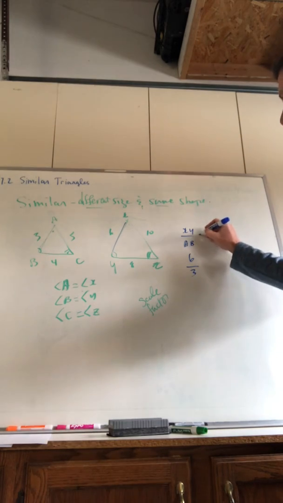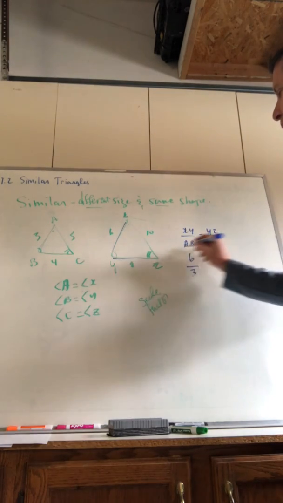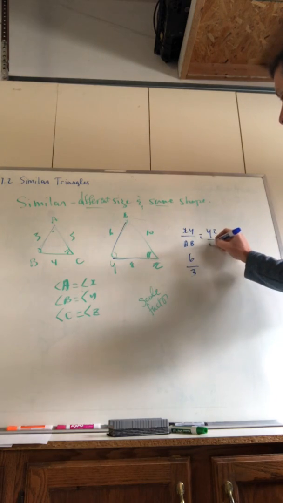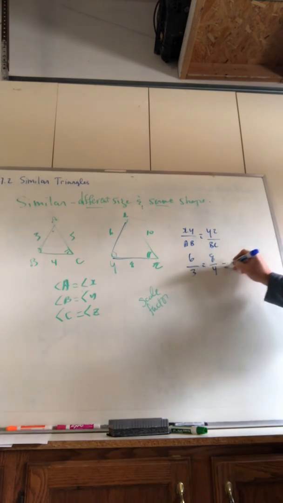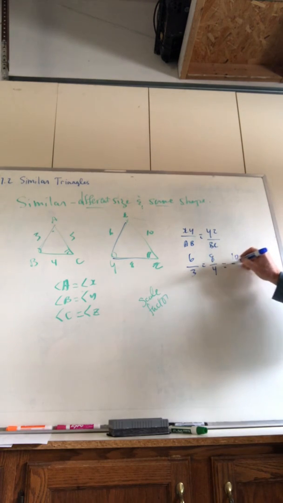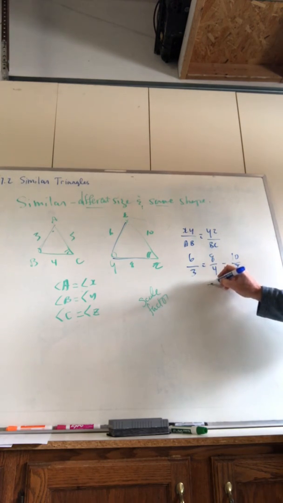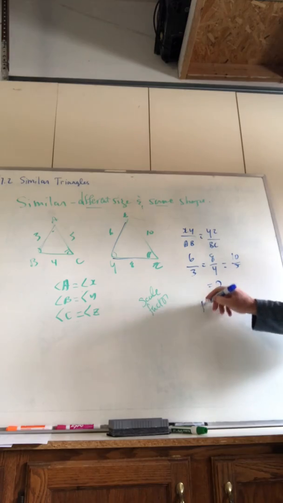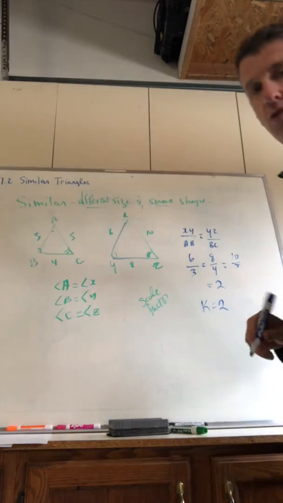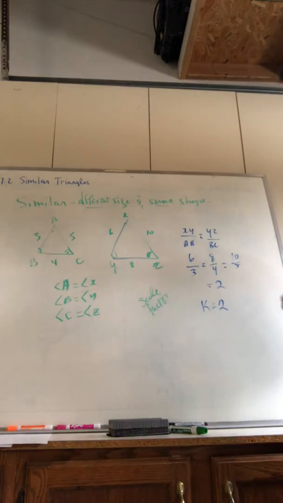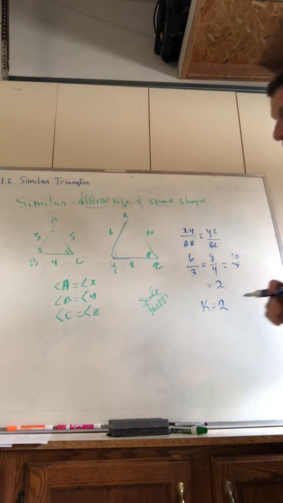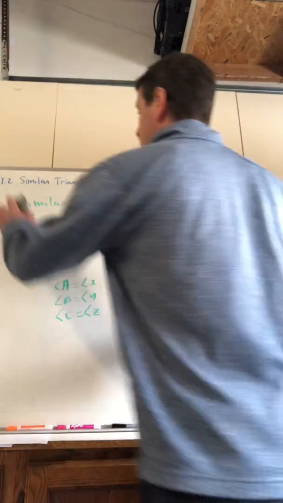And if I do YZ to BC, I'm going to get 8 to 4. And likewise, for the third side, I would get 10 to 5. In lowest terms, we have 2. Our scale factor here is 2. This is twice the size of this. So both methods are perfectly acceptable.